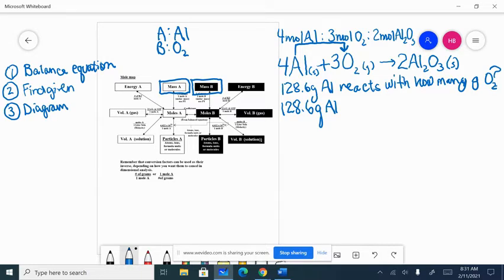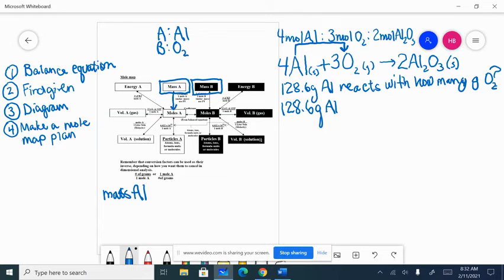So now I'm going to make a plan. That means that I'm going to start with mass of aluminum. I cannot go straight from mass of aluminum to mass of oxygen. There's no arrow that takes me straight here.